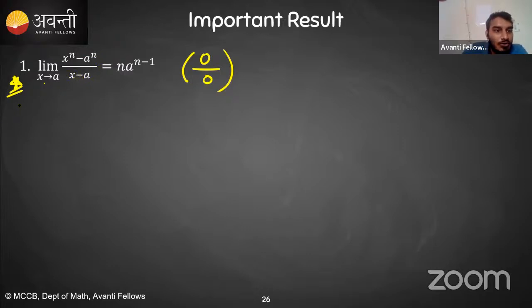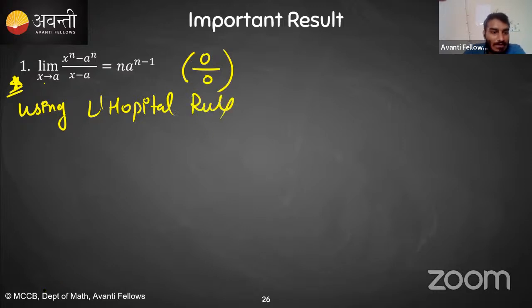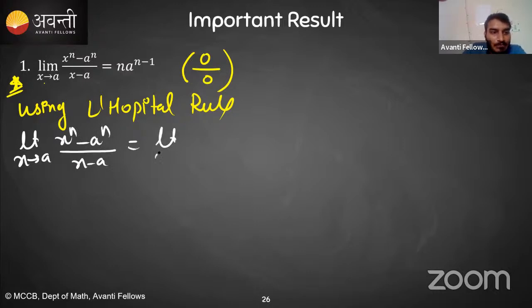So using L'Hopital rule, the limit x tends to a of x raised to the power n minus a raised to the power n divided by x minus a can be given as limit x tends to a of the derivative of the numerator over the derivative of the denominator. What is the differentiation of x raised to the power n?